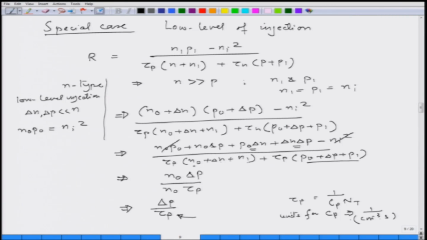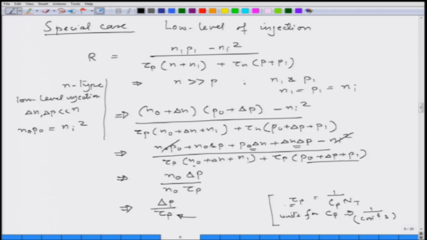And you can check that these dimensional units for C_p would be correct with the earlier processes that we have discussed from the beginning. So, tau comes out with the unit of a second, and that is the lifetime for the carriers that we get.